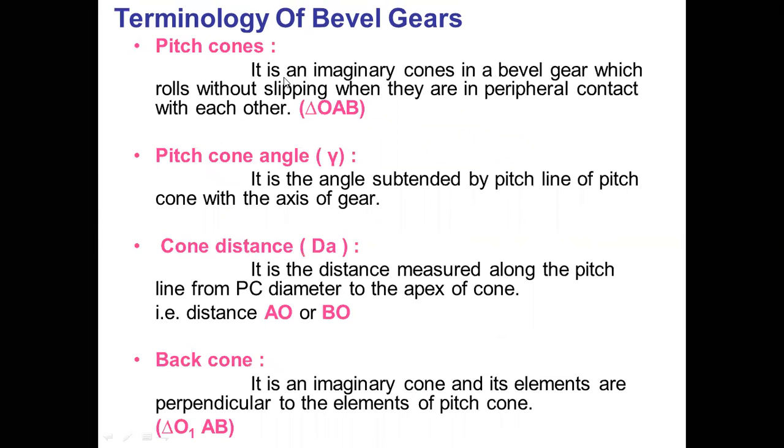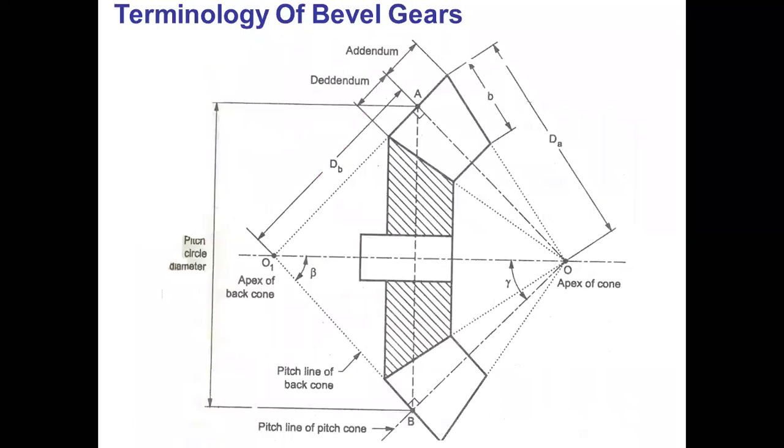Pitch cone is an imaginary cone in a bevel gear which rolls without slipping when they are in peripheral contact with each other. The contact between the bevel gears is a peripheral contact, and there is one imaginary cone in a bevel gear which rolls without slipping when they are in contact.